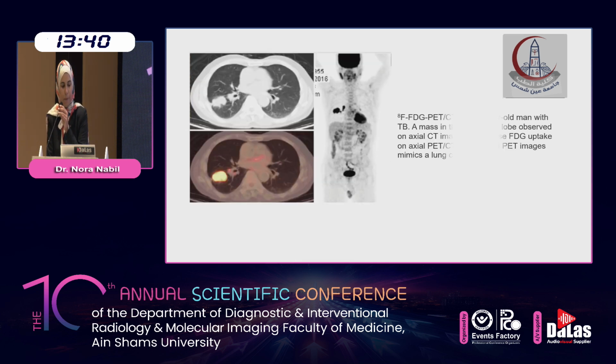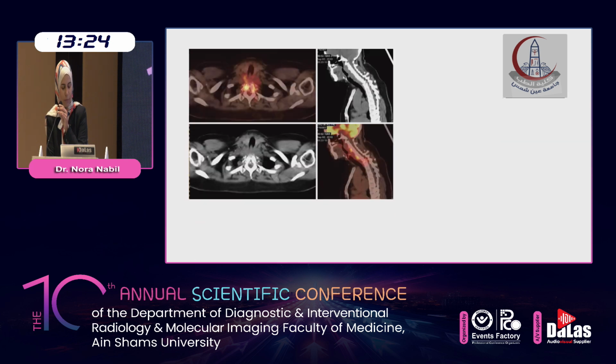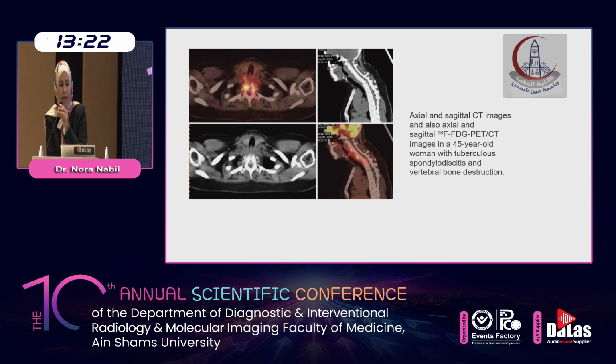Another example, PET-CT in a 61-year-old man with TB, a mass in the right lower lobe observed on the axial CT and the intense uptake of FDG. It mimics lung cancer also. Axial PET-CT in a 45-year-old woman with tuberculous spondylodiscitis associated with vertebral bone destruction.